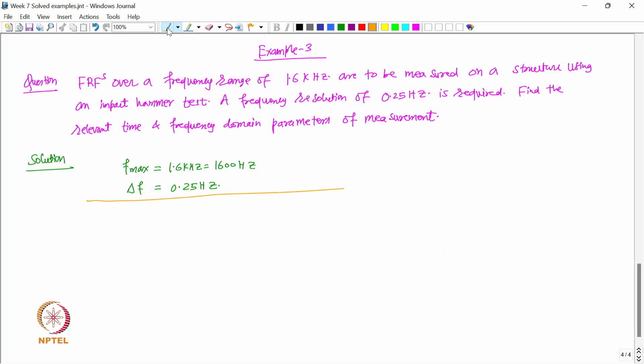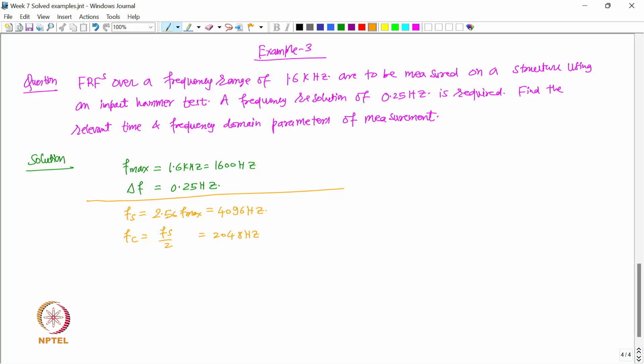So, let us now choose the time and frequency domain parameters. As we studied in the lecture, the sampling frequency we will take as 2.56 times f max, and that will be 4096 hertz, right. And then the cutoff frequency of the anti-aliasing filter would be fs by 2, and that would be 2048 hertz.